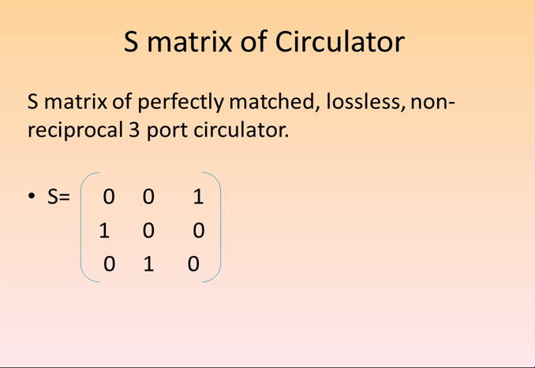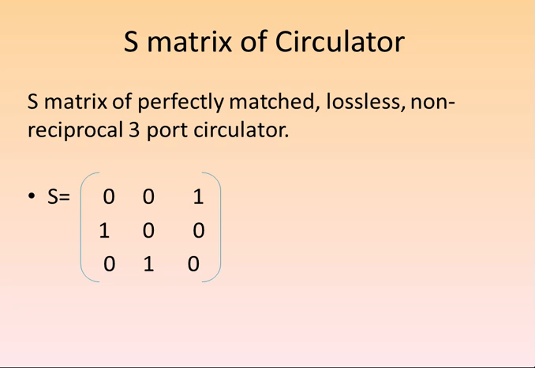But S13, that is, input applied at port 3 and output at port number 1. For the circulator, the same signal applied at port 3 will be available at port 1. So this S13 is 1.